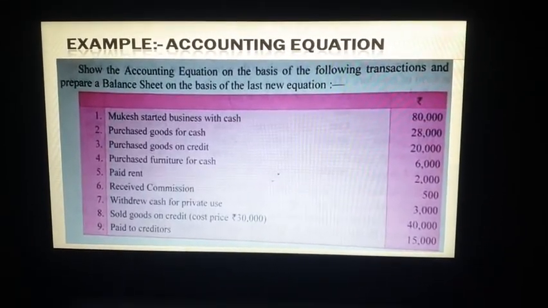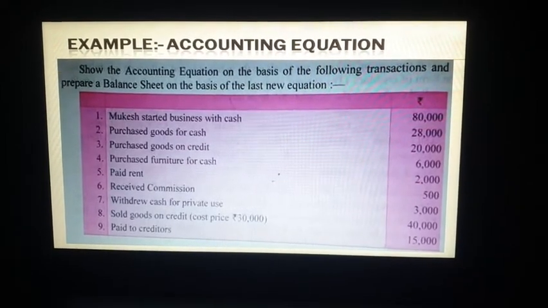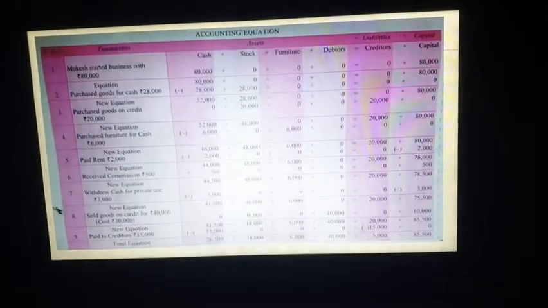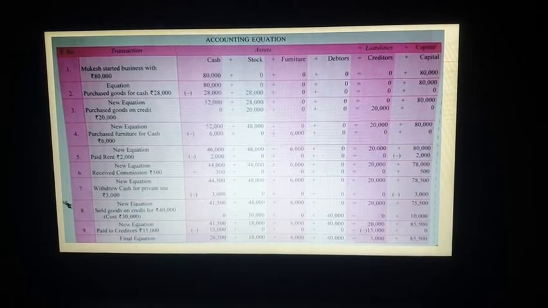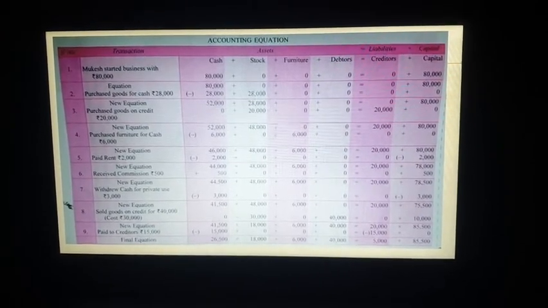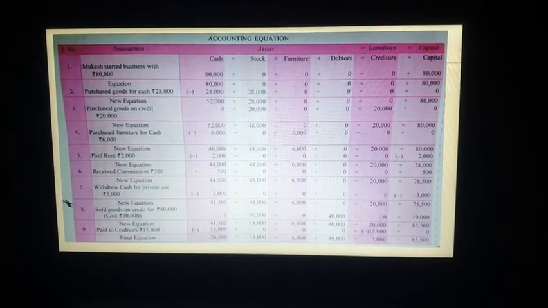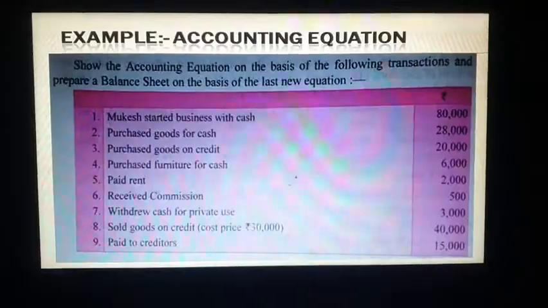First, cash is increased because the word received is there, and commission will increase the amount of capital. So if you see on the answer part, cash is increased by 500 and capital is increased by 500, and after that the accounting equation, asset equals liability plus capital, will be the same.